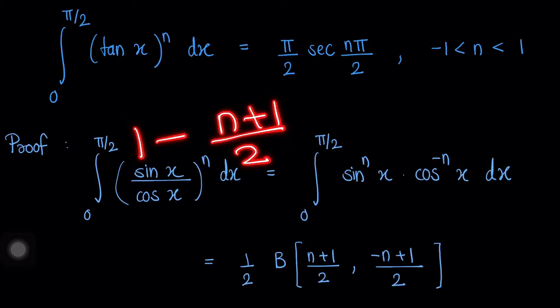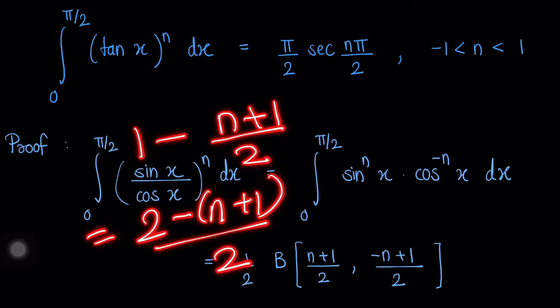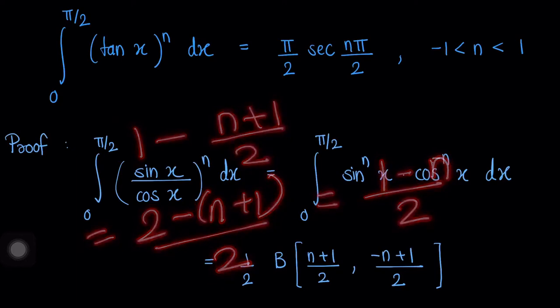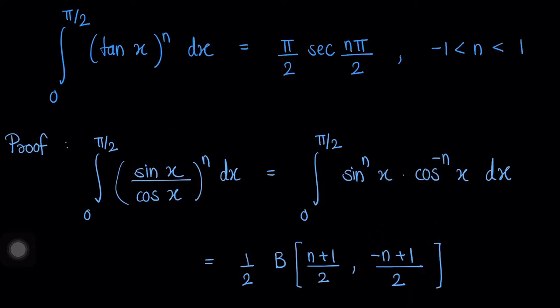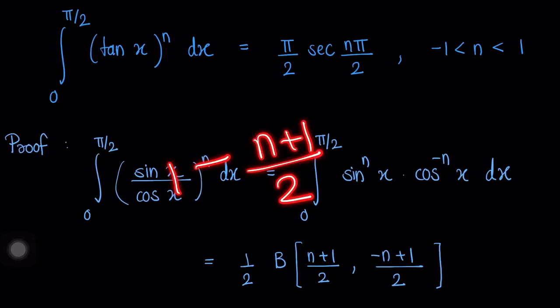After solving this we have this 2 minus n plus 1 divided by 2. So we will have 2 minus n plus 1, that is going to be 1 minus n divided by 2, that is minus n plus 1 divided by 2, that is this one. So we can write this as 1 minus n plus 1 divided by 2.